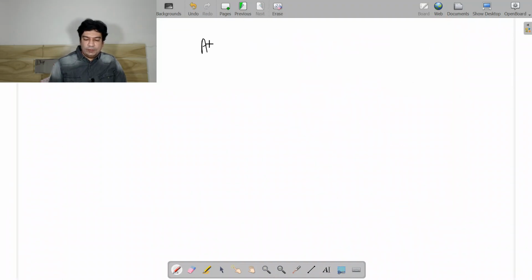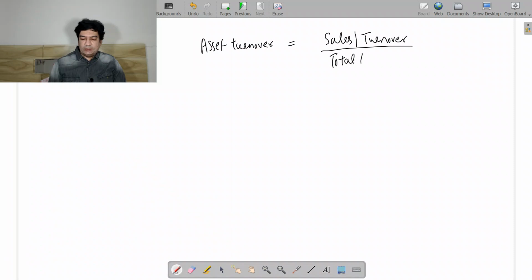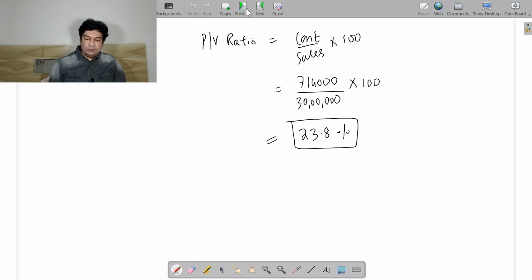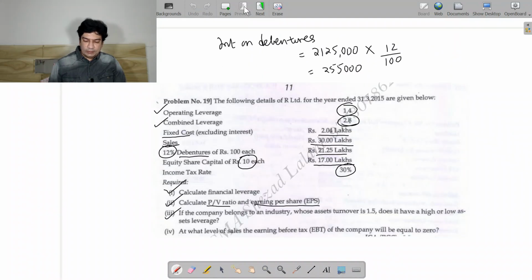So we will use the asset turnover, and the formula is sales, that is your turnover, divided by the total assets. So this is the formula. We know the sales. Now for total assets, we don't have any details of the assets.